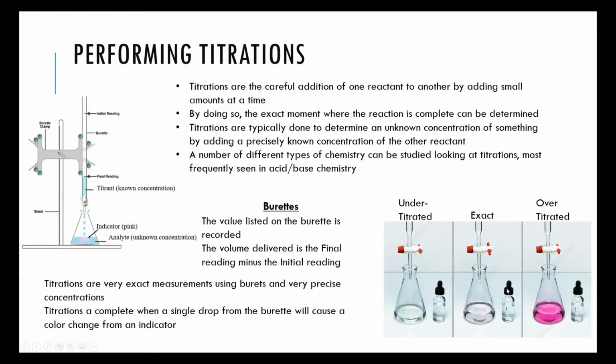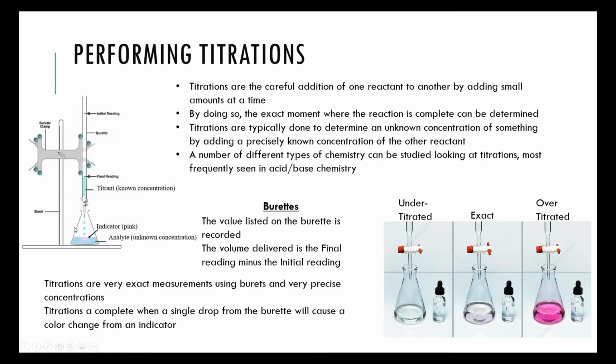When you go through and perform titrations, typically this is done through the use of a burette, where you're combining the two different materials, the titrant in the burette and the analyte in the flask. In each case, you could solve for the number of moles of one of them.